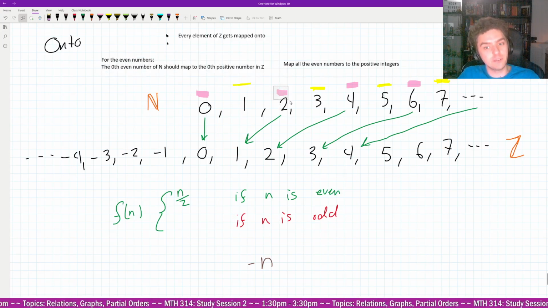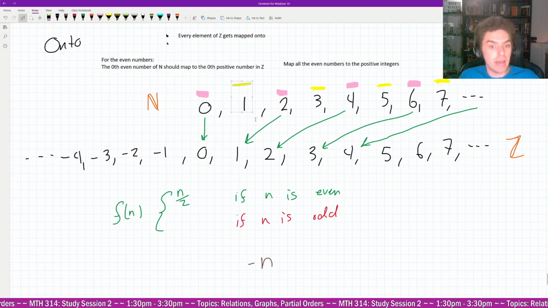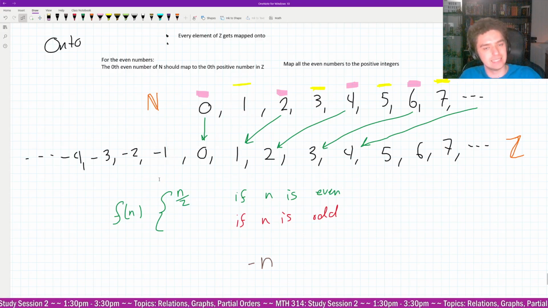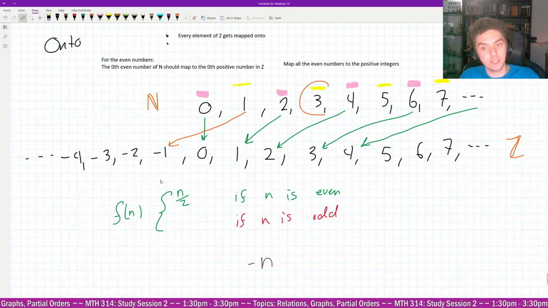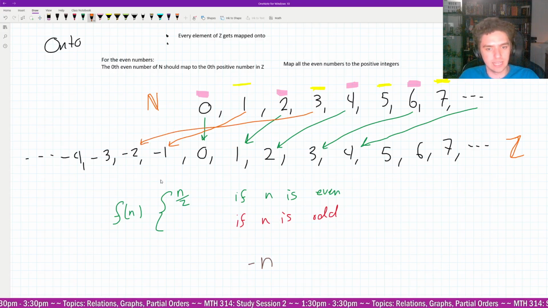So let's say the first even number maps to the first positive number in Z. The second even number maps to the second positive number in Z. The third even number maps to the third positive number in Z. So here, I want the first odd number to map to the first negative number in Z. Once again, the first odd number in N should map to the first negative number in Z. The second odd number in N should map to the second negative number in Z.